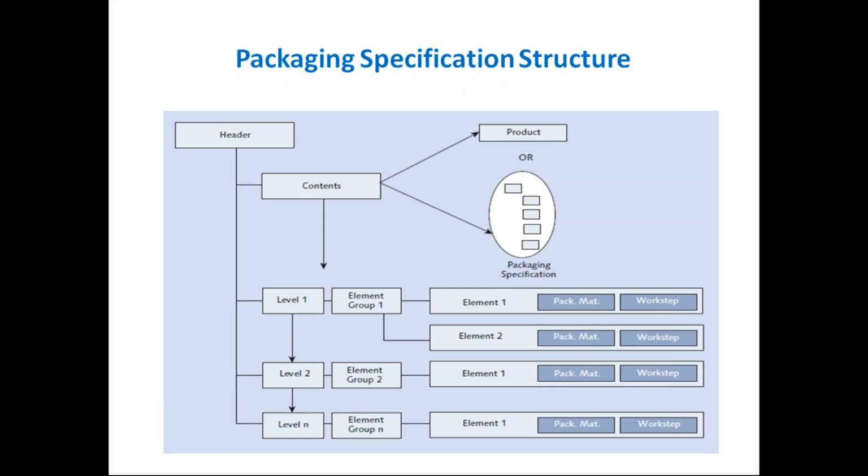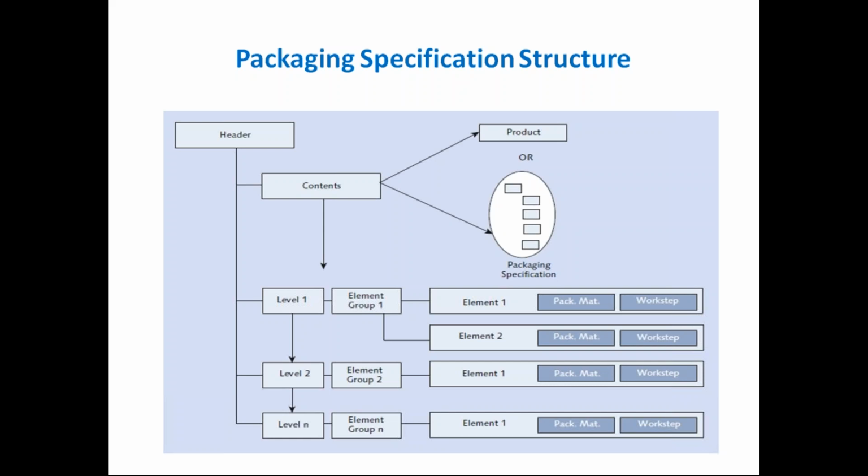All these elements, one or more elements, I club together in an element group at this level. For example, keeping the gift box into the shrink wrapper, applying hot air, and bubble wrap, applying some staple pins.